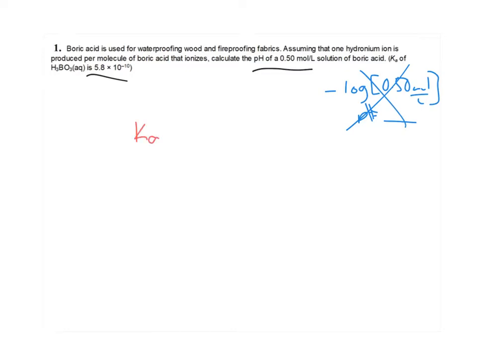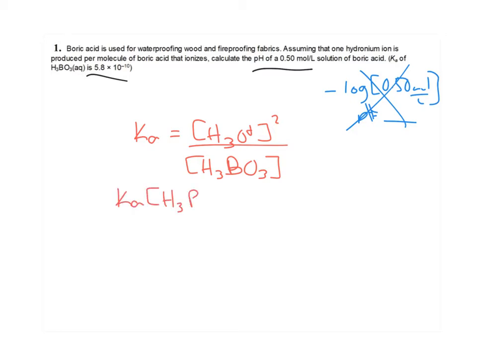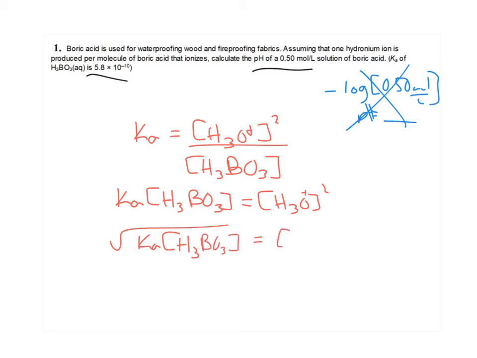We need to use our formula. So Ka is the hydronium ion squared divided by my original acid concentration, H3BO3. So my Ka times H3BO3, my boric acid, will be my hydronium ion squared. And so the square root of Ka times my original acid concentration will be my hydronium ion concentration.